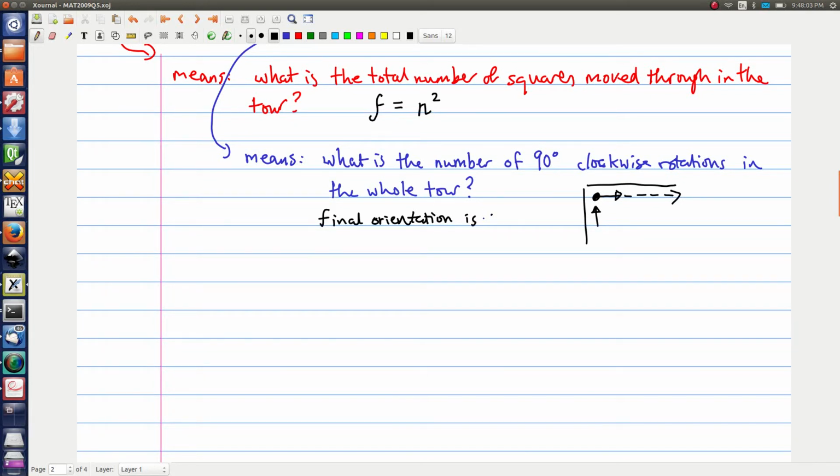is plus 270 degrees from the starting orientation. Therefore, R from the initial position is the total number of degrees rotated around, plus 1 would end us having the same orientation as the start.